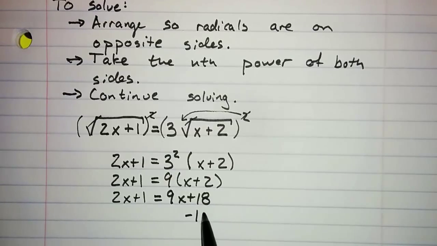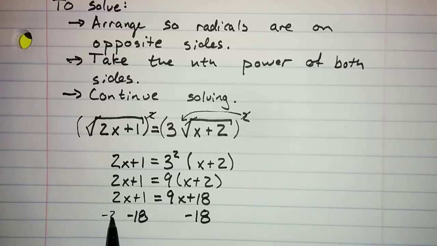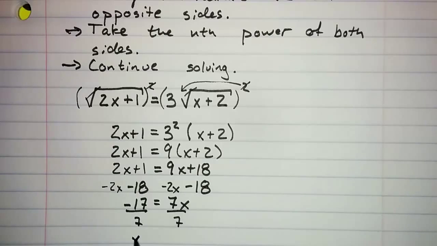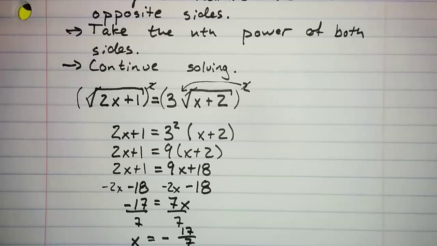So I'll subtract 18 on both sides, and I'll subtract 2x on both sides. I'll get negative 17 equals 7x. Divide both sides by 7. I'll get x is negative 17 sevenths.